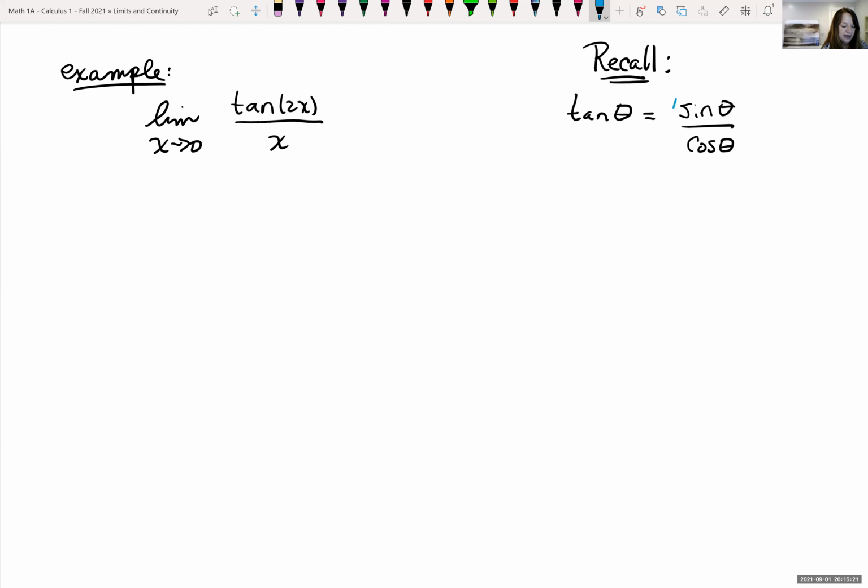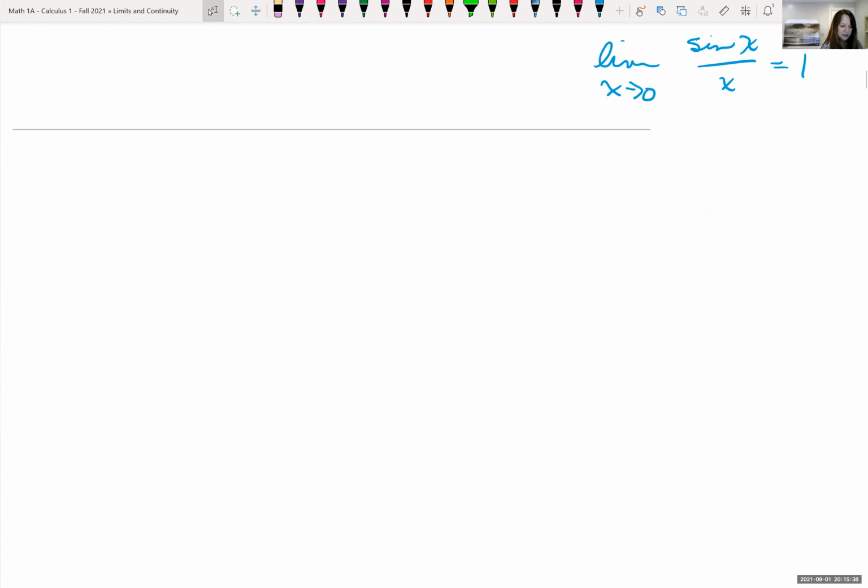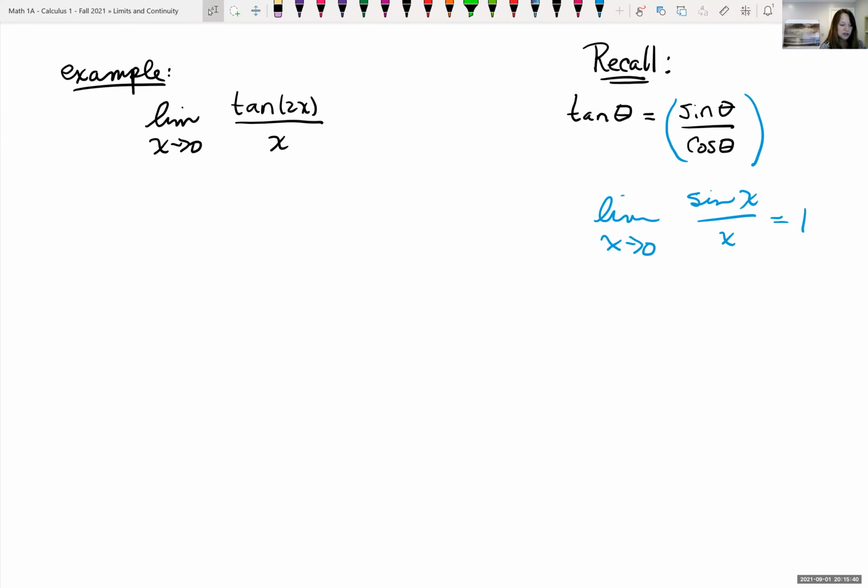So we want to, again, use the fact that the limit as x goes to 0 of sine x over x equals 1. Since we can rewrite tangent with the trig function sine in it, we're going to use that fact and rewrite this limit.